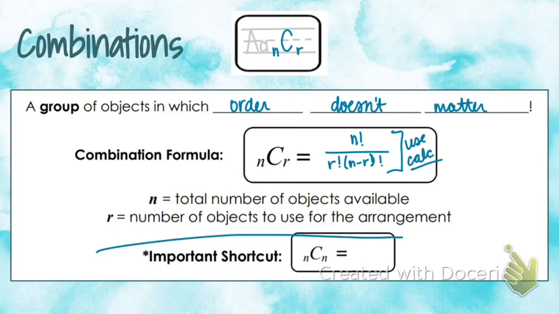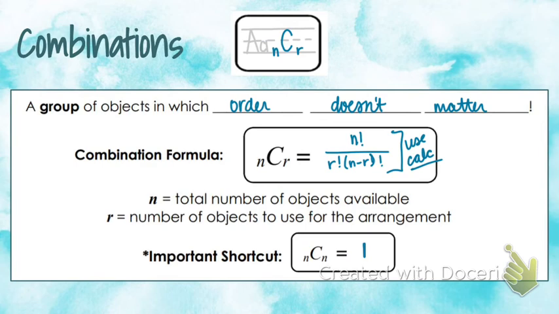Okay, important shortcut. If we want to choose N items from N items, then there is only one way to arrange them when order doesn't matter. Think of this as I have 3 dogs, but I only have room to take 3 dogs with me.